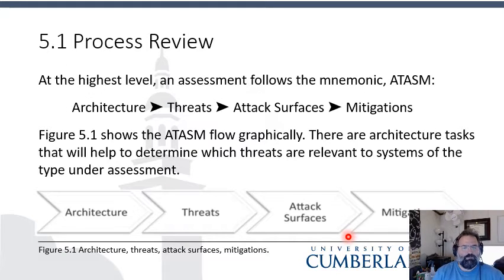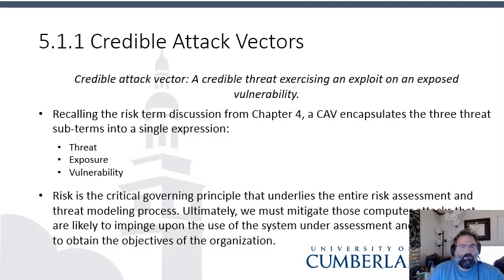At the highest level, as we've talked about in the past, it's about architecture, threats, attack surfaces, and mitigations. And you can see the flow graphically from left to right with architecture, threats, attack surfaces, and then mitigation. Credible attack vectors are those which we talked about in Chapter 4. They include basically three subterms, which are threat, exposure, and vulnerability.